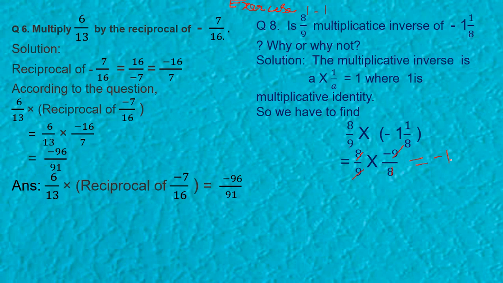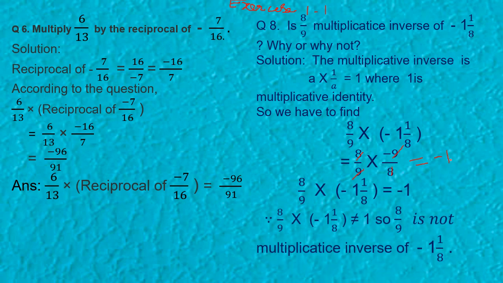Are we getting the product 1? Correct, we are getting minus 1, not plus 1, and we know that these two are the multiplicative inverse of one another only when the product is 1. Here the product is minus 1, so 8 by 9 is not a multiplicative inverse of minus 1 by 8.